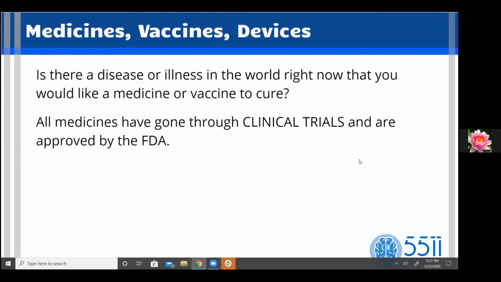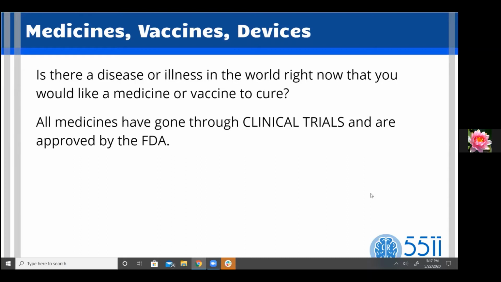That's great. Now, I want to help you understand some of the terms that you might be listening to on TV. Clinical trials and the FDA. So before anything goes into the general population, it has to be approved by the FDA.